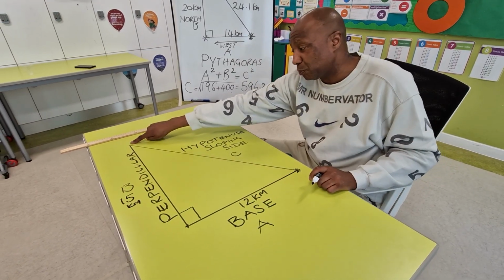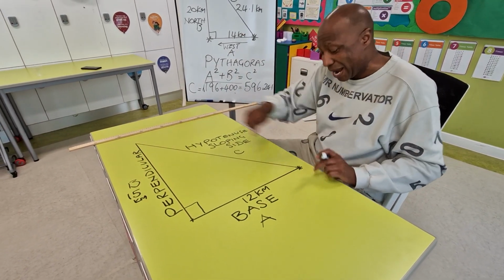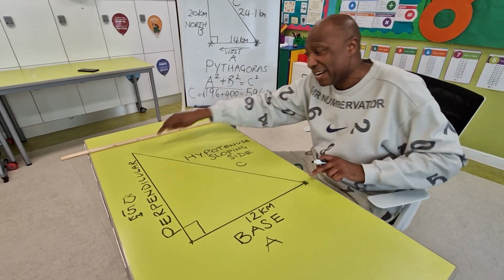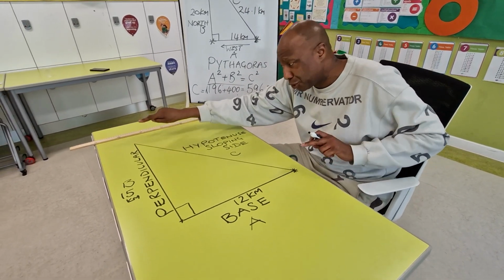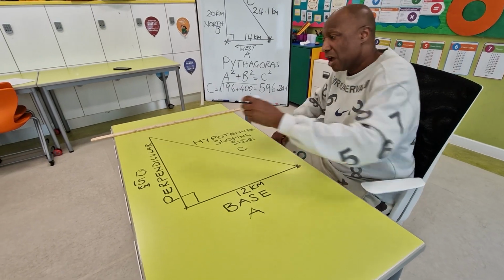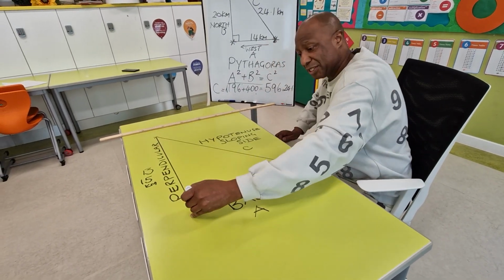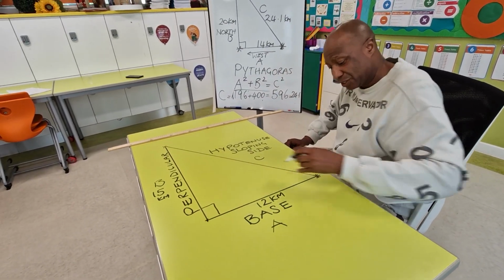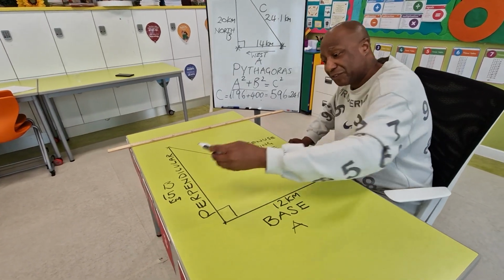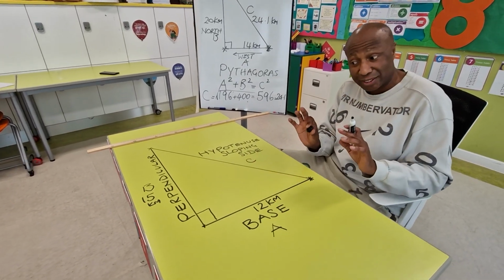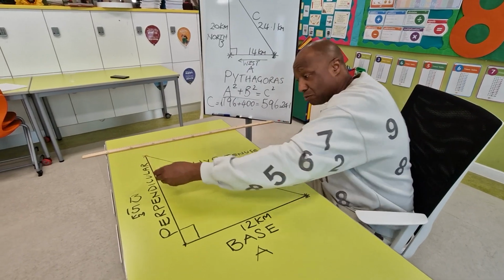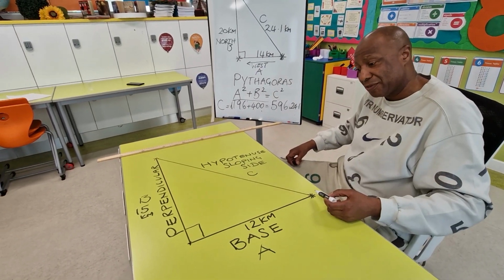And when I get to this point here, I want to get back to where I started from in the quickest time and the shortest distance. From here to there is 15, and from there to there is 12, and 15 plus 12 is 27. That is if I go back on myself and along that way there.